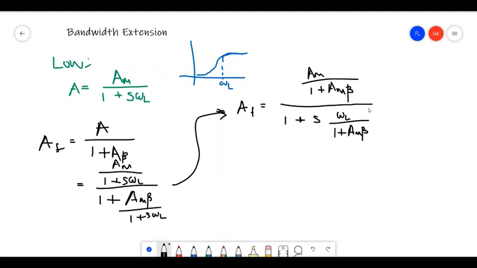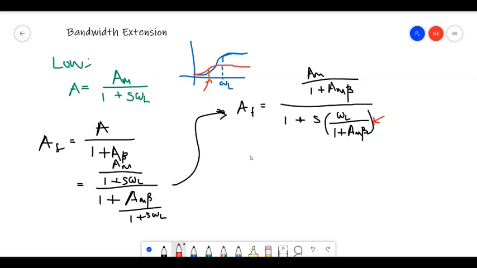So this is the new lower cutoff frequency. You can see that it is divided by this factor, so that means the new lower cutoff frequency is reduced. It is somewhere around here, right? So that means again there is an extension in this bandwidth.